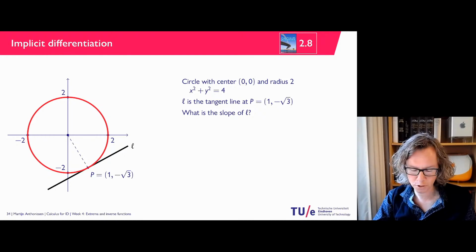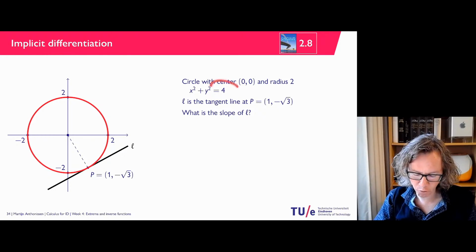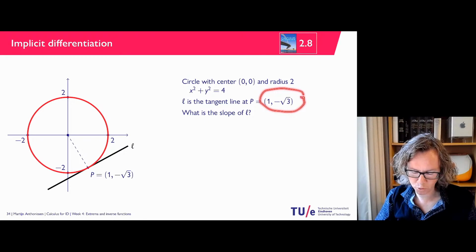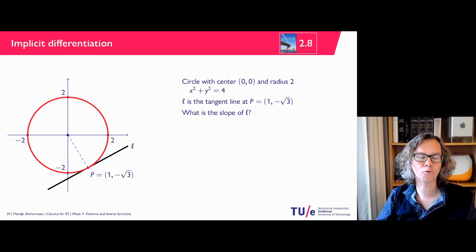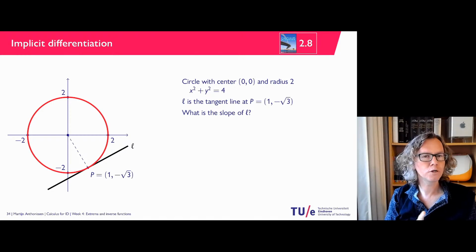That's a circle in 2D. And this 4 here is the radius squared, so the radius itself is 2. And this point, you can easily check if you compute x squared plus y squared, is on the circle. And the question is, if you have the tangent line, what is the slope of the tangent line at that point?